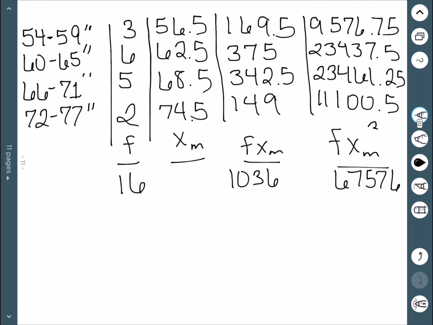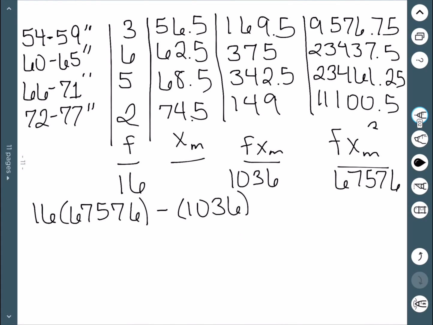Our formula started with an n, which is our frequency total, times the summation of f times x sub m squared, which was 67576. We then subtracted the sum of f x sub m, which is 1036, squared, and we divide by n times n minus 1.